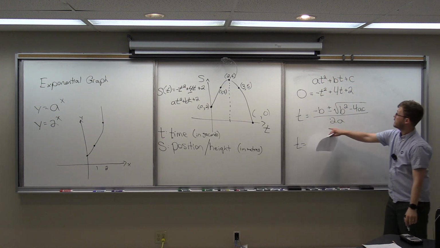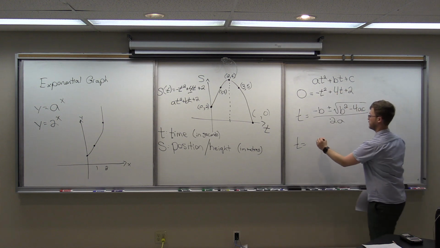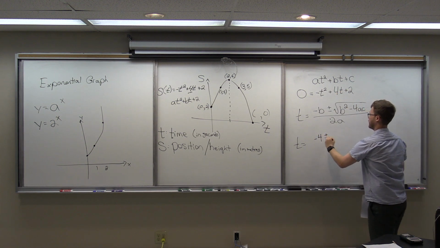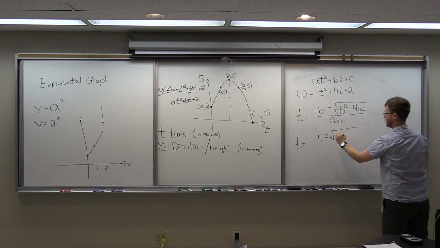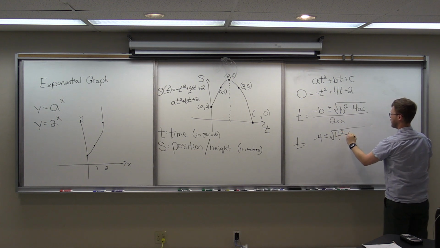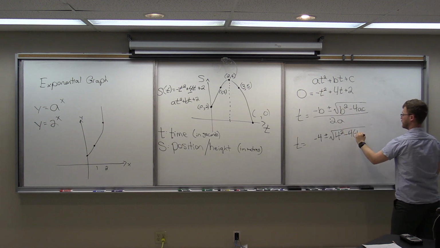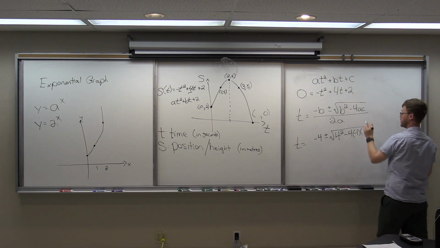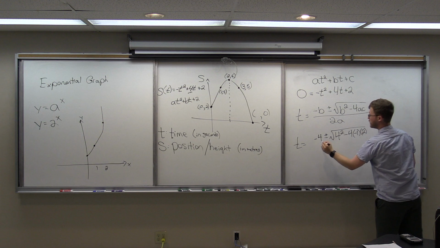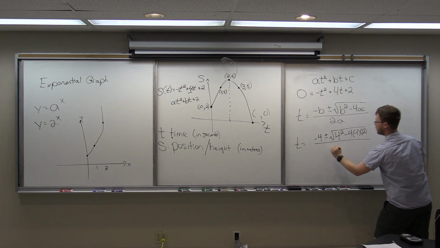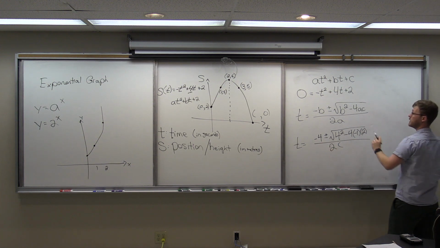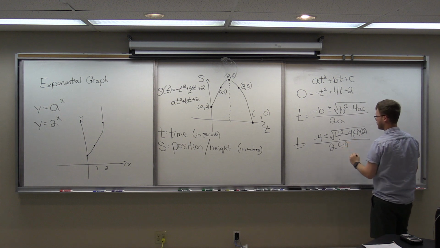So I know that negative b is in fact negative 4 plus or minus the square root of 4 squared minus 4 times a, which is negative 1, times c, which is 2. We divide this by 2 times a. A is equal to negative 1.